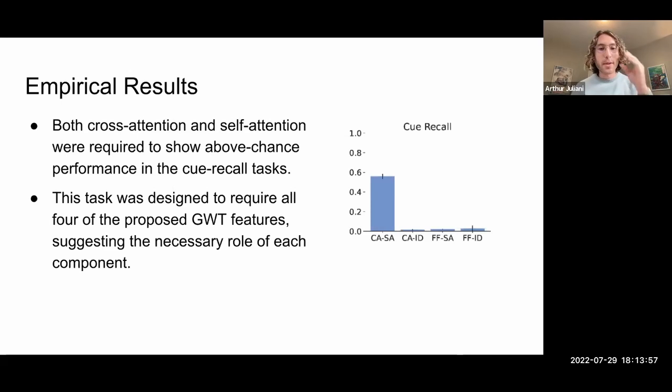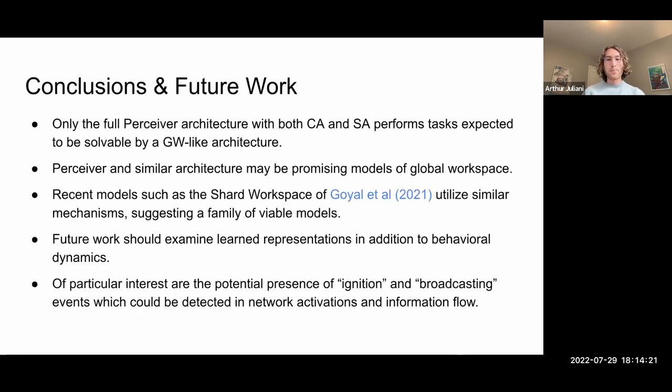Lastly, we examine the results of the Q recall task and find here that only the full perceiver architecture with both cross-attention and self-attention is able to achieve greater than chance performance, suggesting that both of these components are indeed necessary to solve tasks that involve all four of the criteria identified for the global workspace.